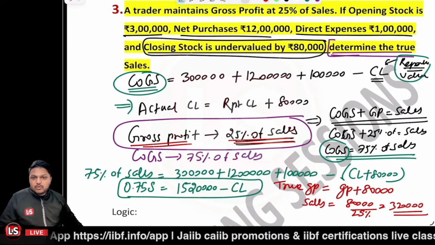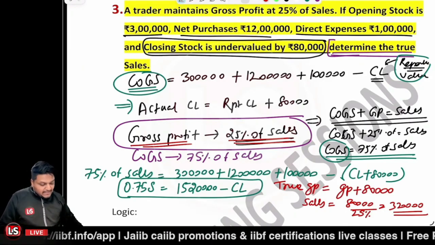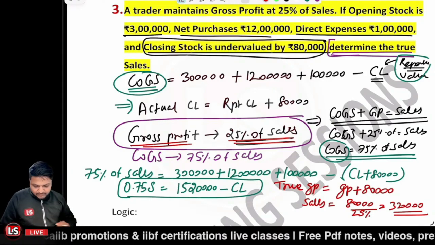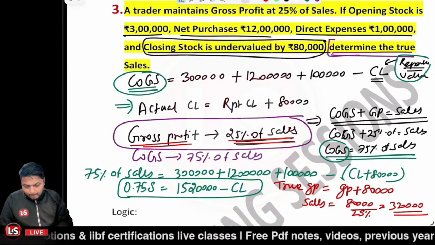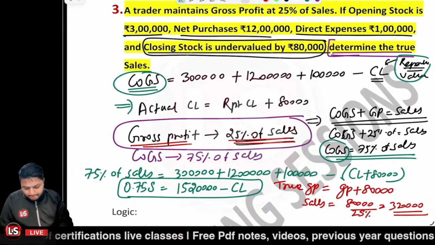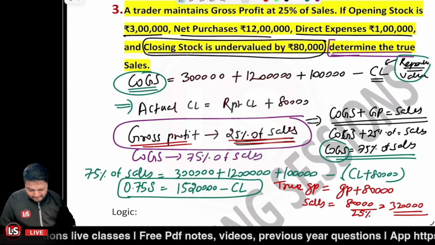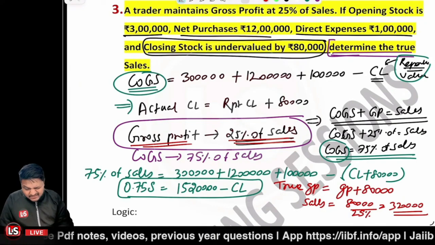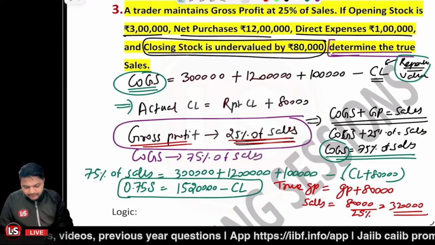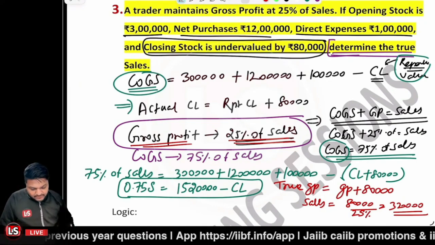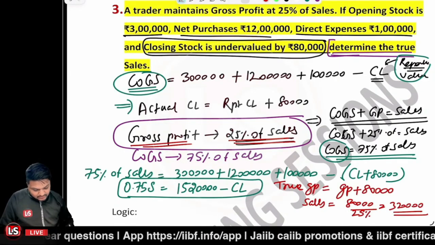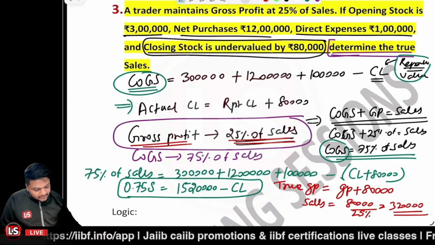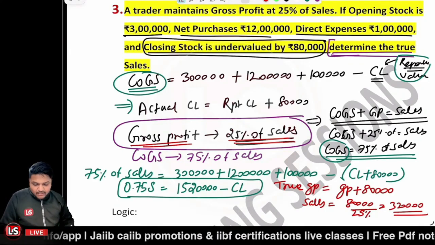So that will be equivalent to 16 lakh minus CL, 2 lakh 40,000 plus 15 lakh 20,000, 17 lakh 60,000, and further we have to add the 80,000 value to it.